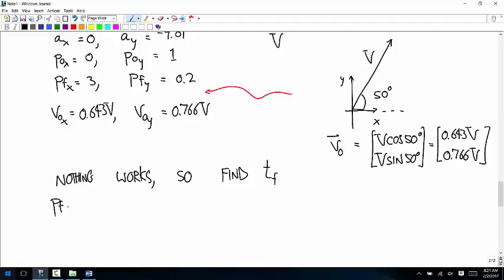PF. Yeah, PF, and I think the one that we need to use is the Y. So PFY is equal to P0Y plus V0Y TF plus 1/2 AY TF squared.